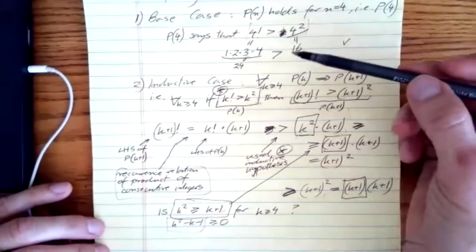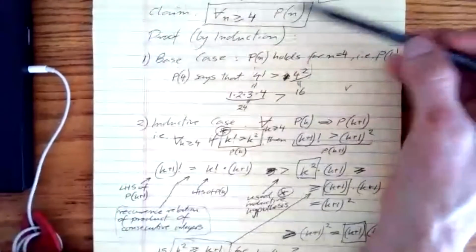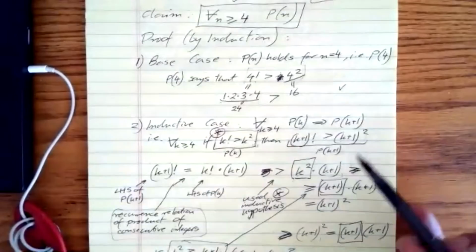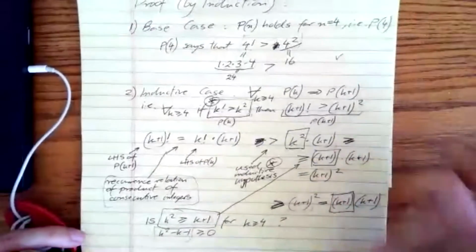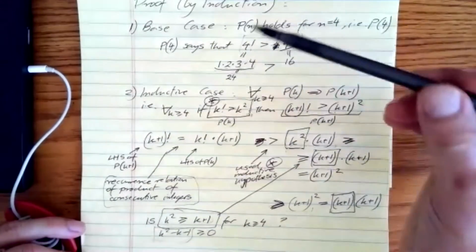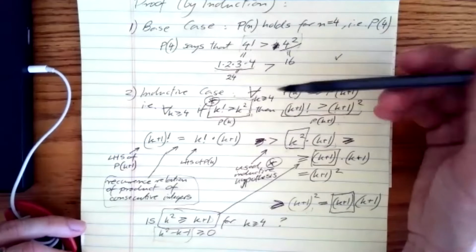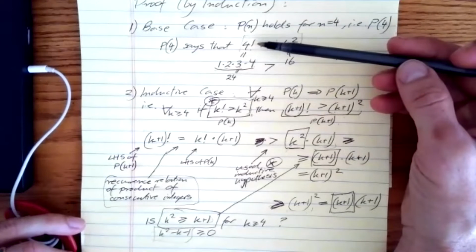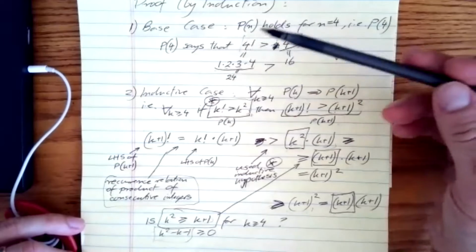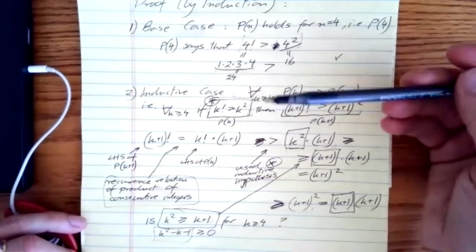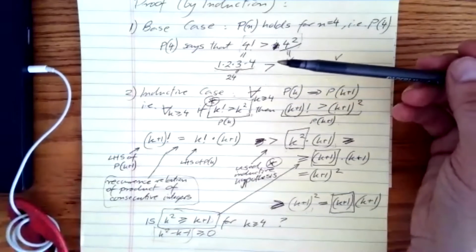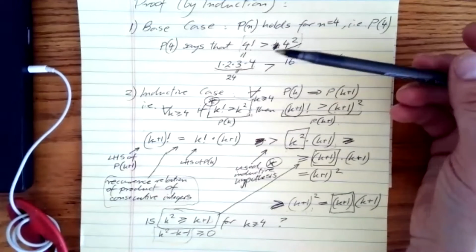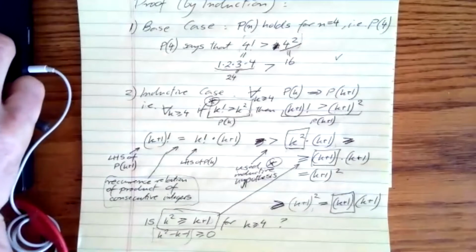Why are we showing this funny relation? Why not a closed formula? Well, a closed formula for factorial is not known, actually. There are some nice bounds for factorial that you can show, but there is no closed formula. There are just bounds.